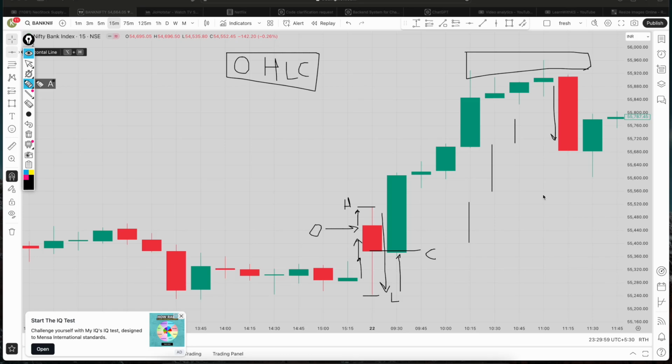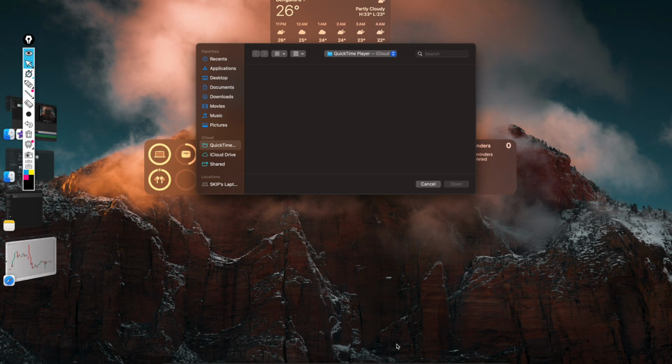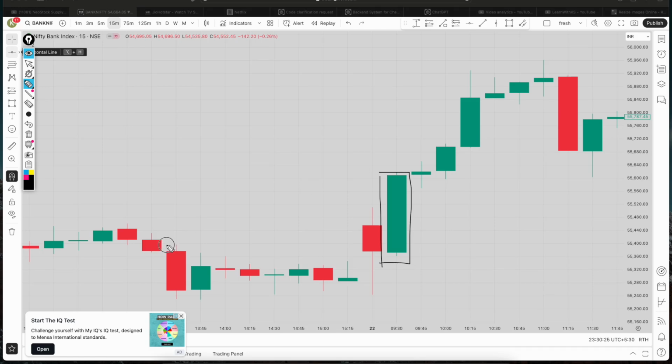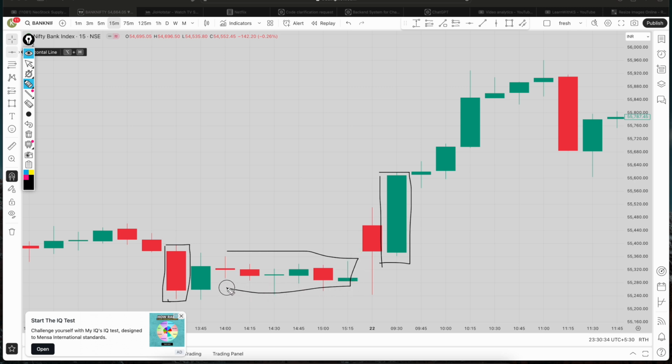Now we will see different types of candles. In terms of structure, first of all we have a big candle, as you can see on the screen. Let me clear this out first. This is a big candle, then a medium size candle, in red color here, and then all these candles are small in size, these green candles also.